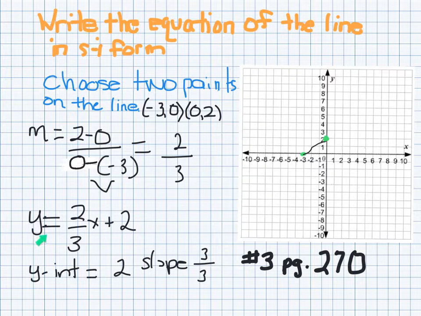So my equation of a line is y equals 2 over 3 x plus 2. My y-intercept is 2. My slope is supposed to be 2 over 3. I wrote that wrong. Hang on. My slope is 2 over 3.